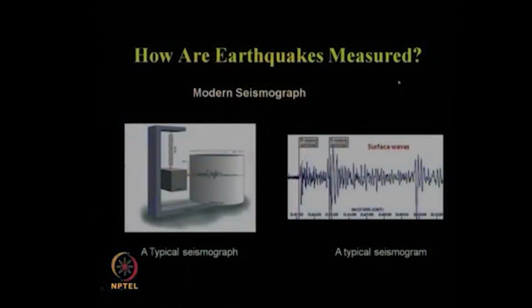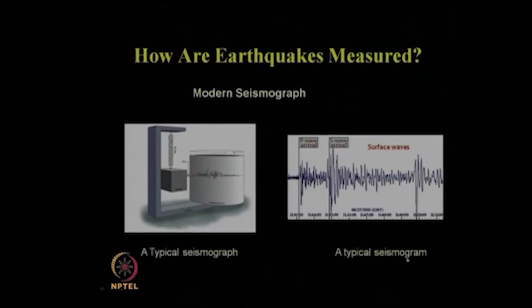So, let us look at how the earthquakes are measured, as I have mentioned already. This is a typical modern seismograph. It is recording like this. So, what does it mean? What type of earthquake motion is getting recorded? The vertical. You can see it is recording the vertical, because of this arrangement of the support system, it shakes in this direction.